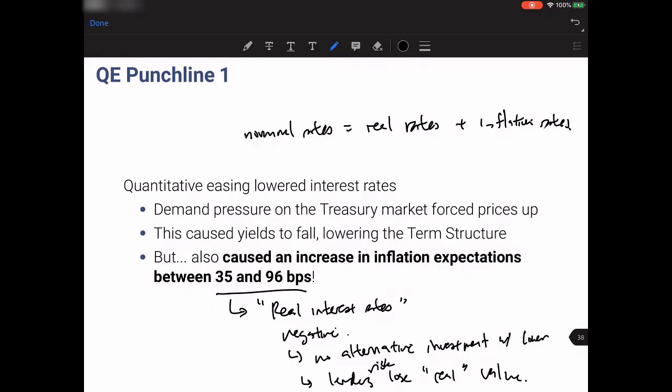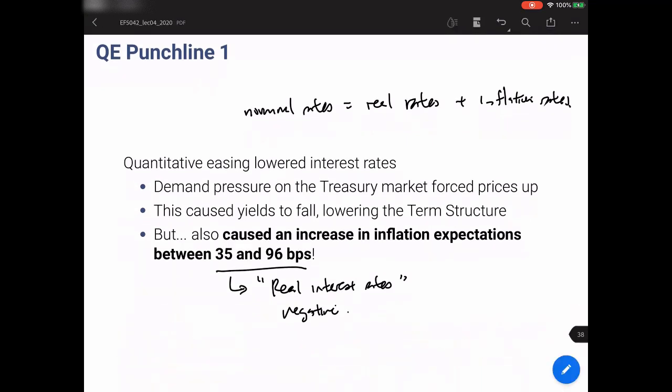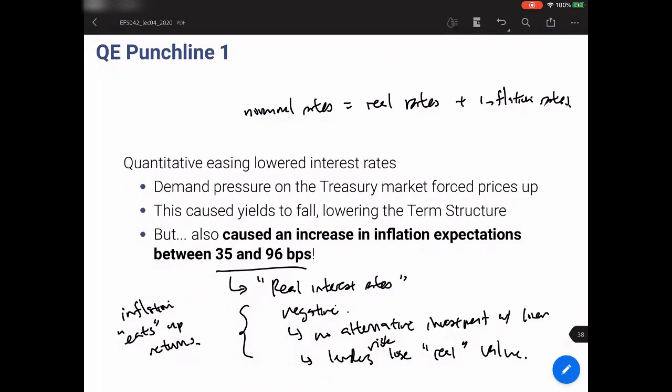And this comes from the fact that inflation eats up returns. Okay? So with QE, you can increase investments, but it doesn't necessarily mean it benefits existing lenders, right?